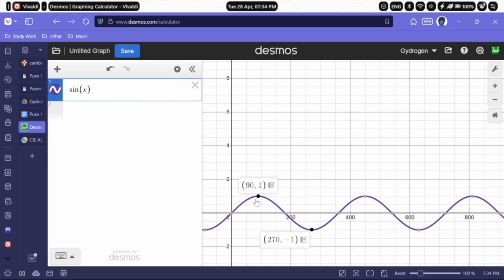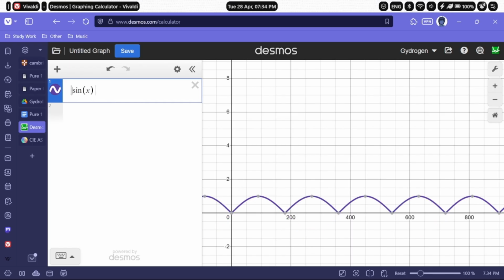But when you take the square, you can think of it as taking the absolute value. So when you're doing sine square, it's like taking the positive value for everything. The y value can never be negative no matter what.